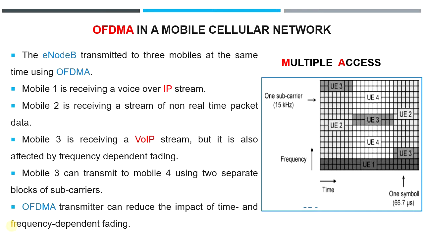In a similar way, it can transmit to mobile 4 using separate blocks of subcarriers which are separated by a fade. By allocating subcarriers in response to changes in the fading patterns, an OFDMA transmitter can greatly reduce the impact of time and frequency-dependent fading.